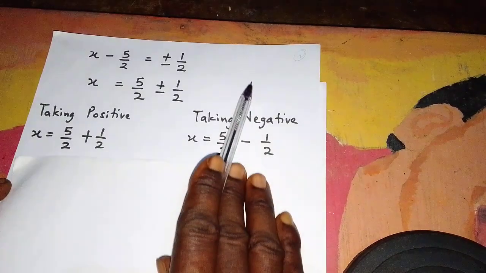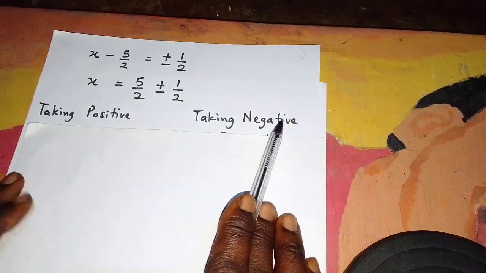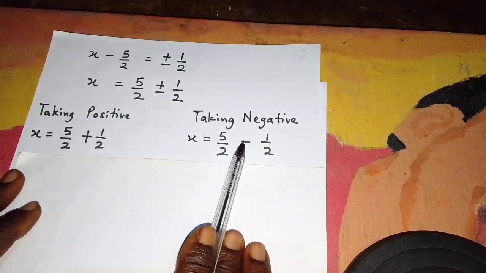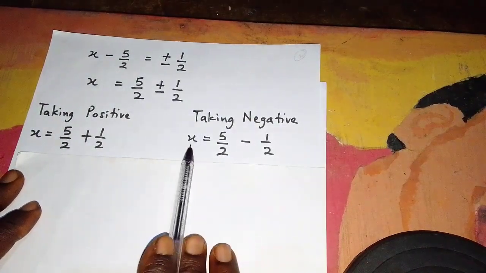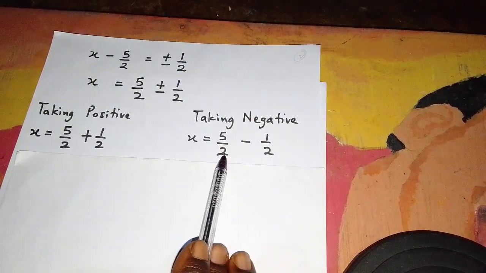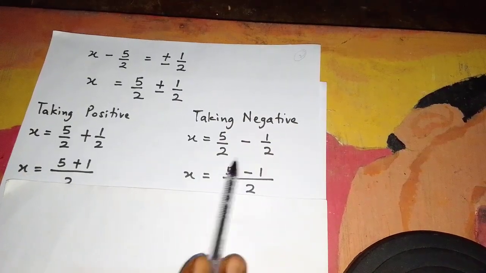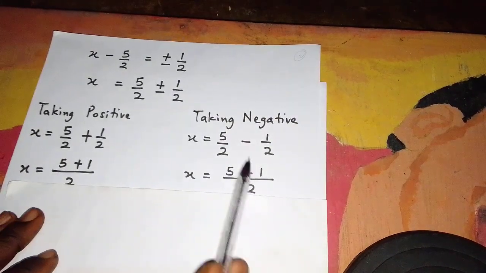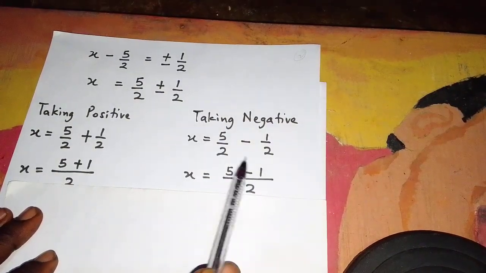Then for this other side, you take the negative also. So instead of positive here, you are going to put negative here. So you have x is equal to 5/2 minus 1/2. So the LCM of these two fractions is what? 2. How many 2 are in 2? 1. 1 times 5 will give us 5.